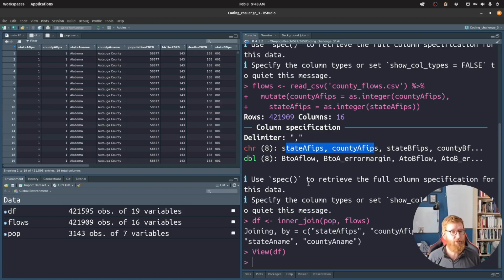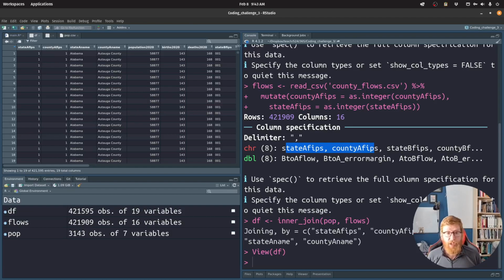These variables had the same name, and so R thinks, ooh, those must be the same sorts of data, and it tries to match them up with state 1, county 1, Alabama, Autauga County in both data sets, and when it sees those, it takes a chunk of data and it latches it on to the rest, right? And it's going to make extra rows to match up with all this when necessary.